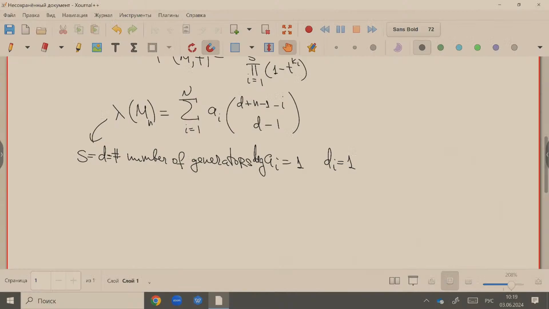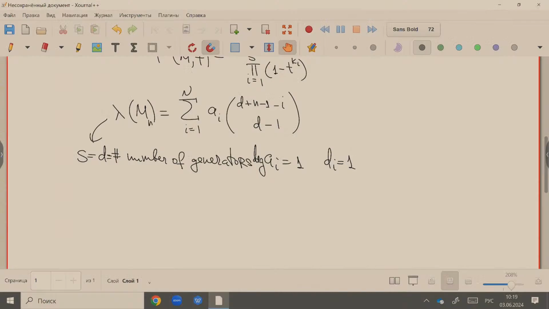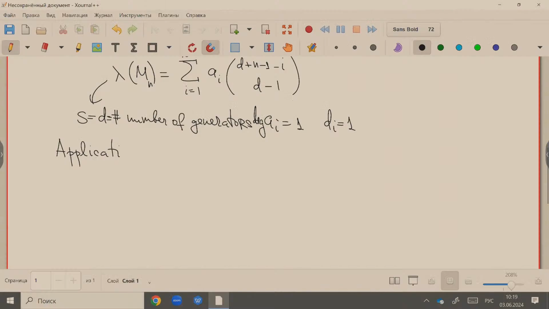And this means that you can give the estimate, and now let us apply it to dimension theory. So this is just what we did in the previous class, the application to dimension theory.